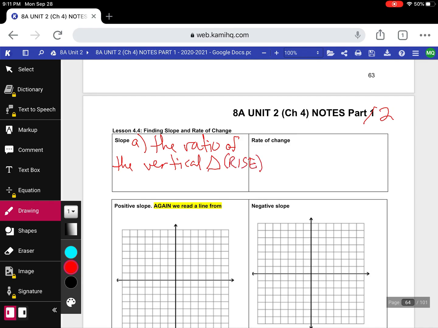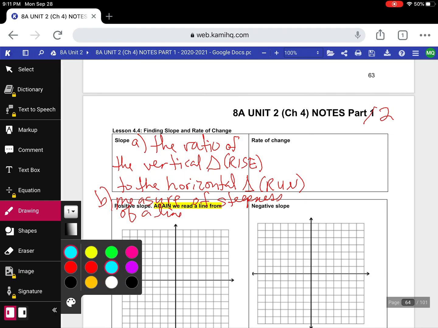The ratio of the vertical change to the horizontal change, and that's what we call the run. And my second definition is just the measure of steepness of a line. So the measure of steepness of a line.